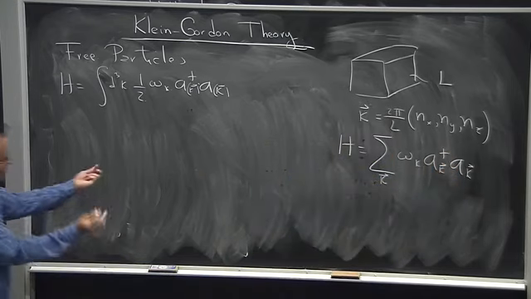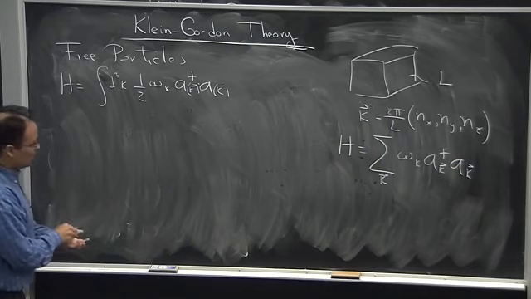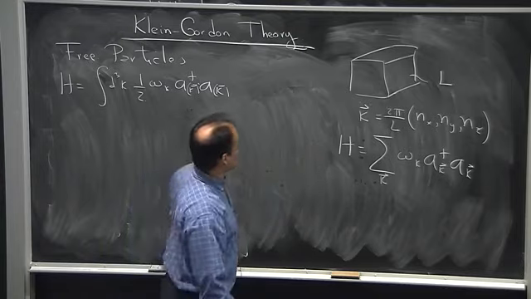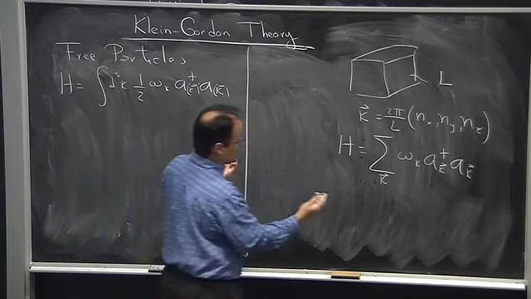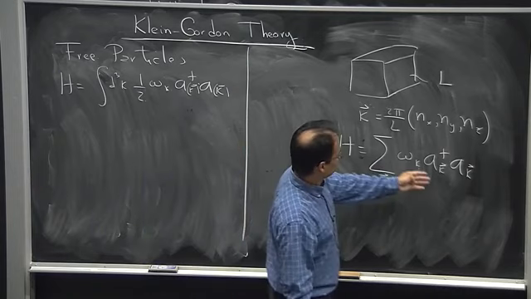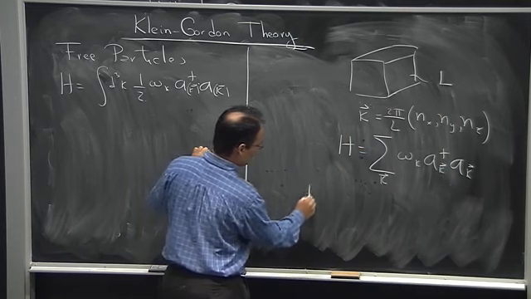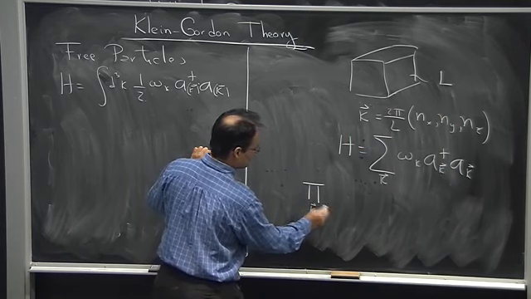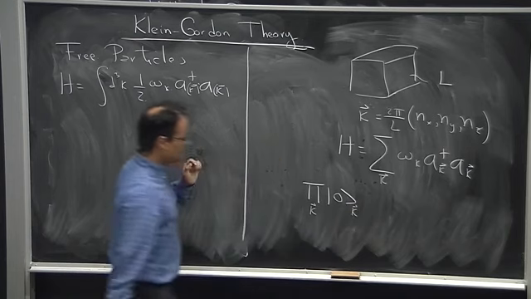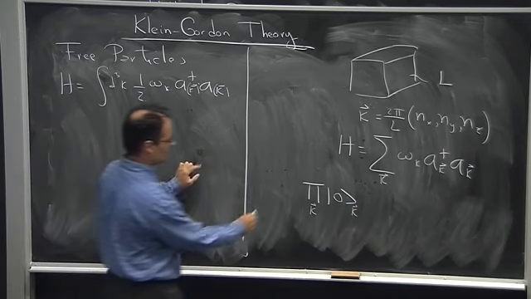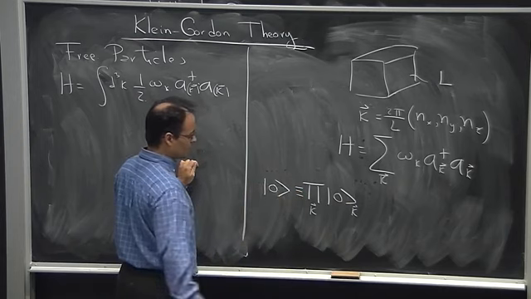Very good. So now these are just a collection of harmonic oscillators. Now you will see why I'm doing this. The reason is that in this theory, we know what to do. If we have at least a discrete set of harmonic oscillators, we can define a state which is a tensor product of all the vacua of each of the harmonic oscillators, and define that to be the vacuum of our theory.